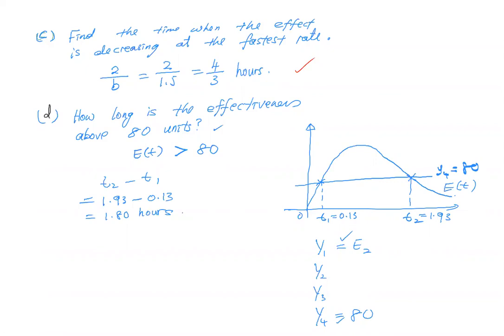How many hours, how many minutes? 1.8 hours is 1 hour 48 minutes, am I right? 0.8 times 60.